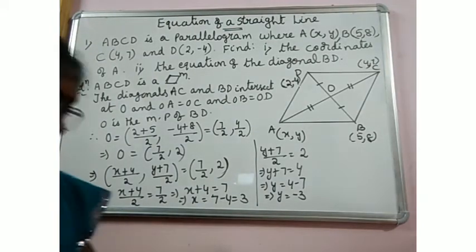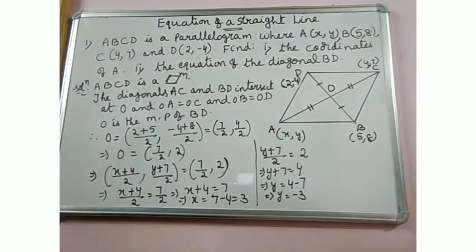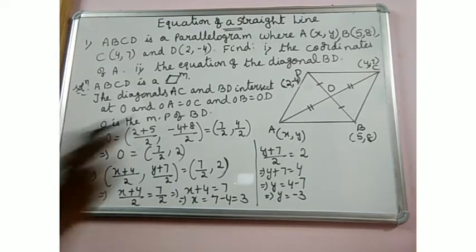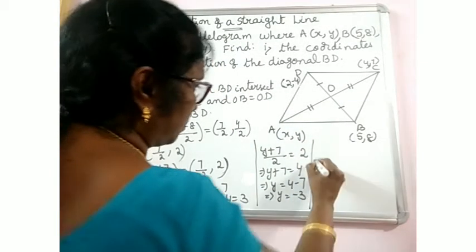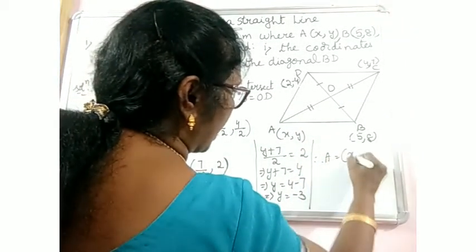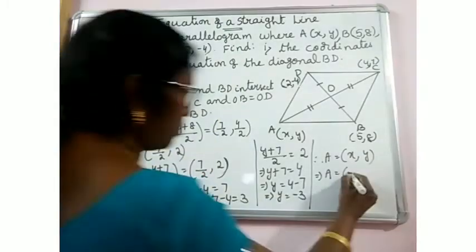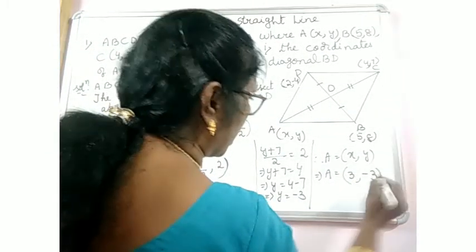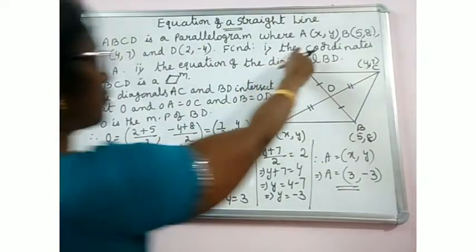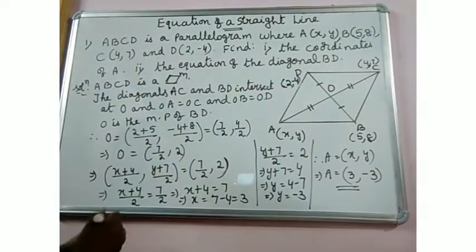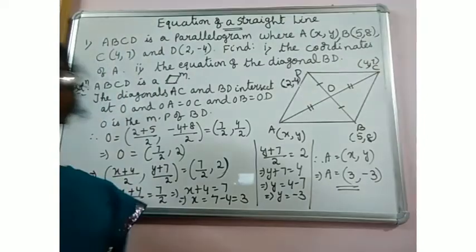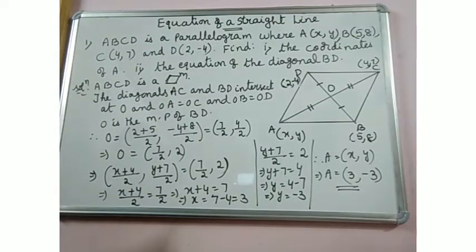So x is 3 and y is minus 3, and the coordinates of A are (3, -3). That is our first bit.